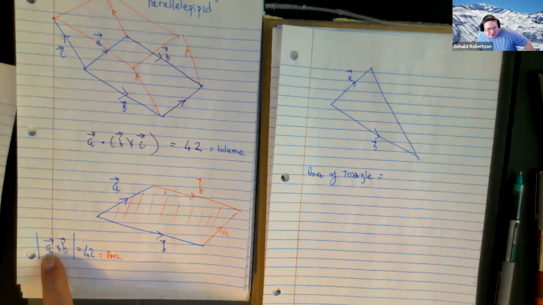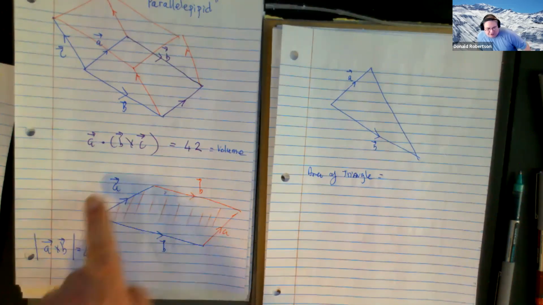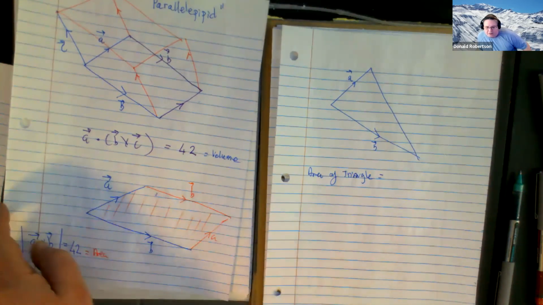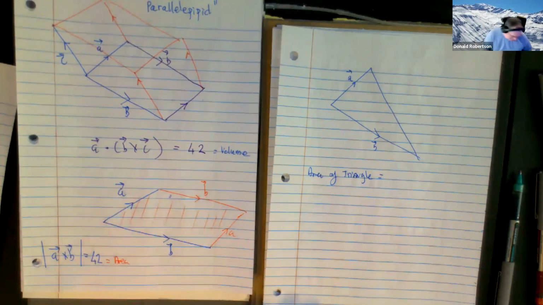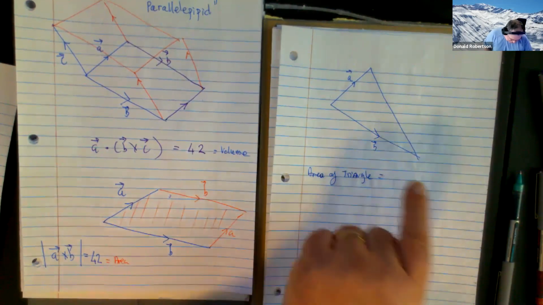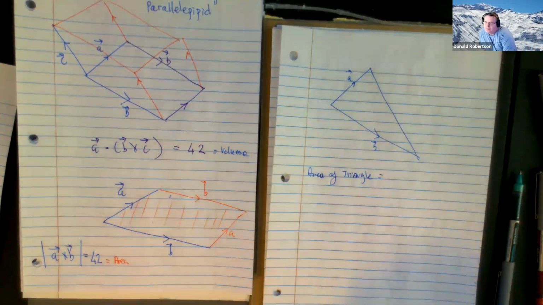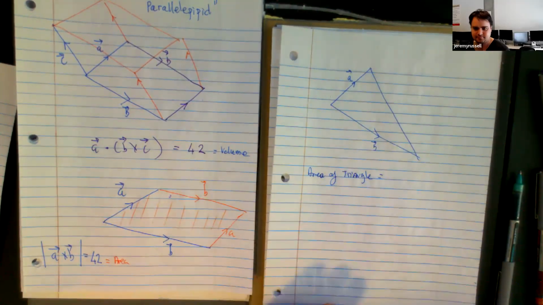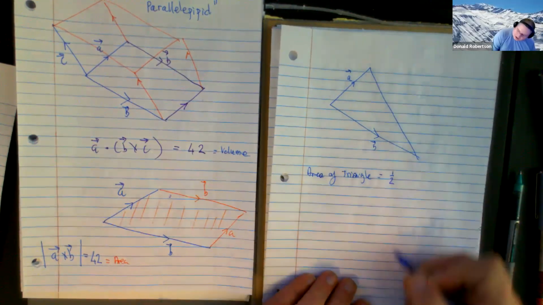I know the magnitude of the cross product is the area of the parallelogram. How could I use this to get the area of just the triangle? Divide by 2. Right. Another way of saying that is it's a half.